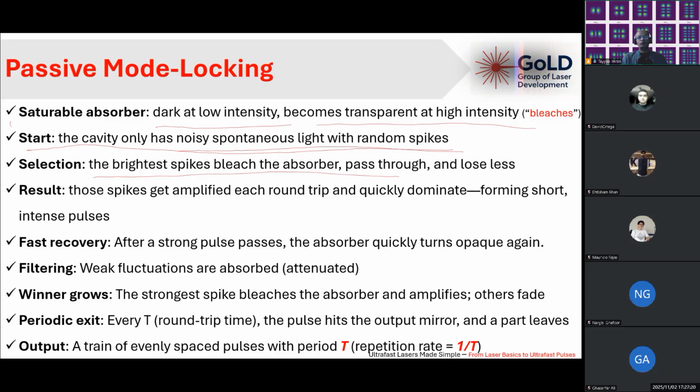Now, if we move further here, what it says, spikes. So what we get at the output after bleaching are the pulses, okay?